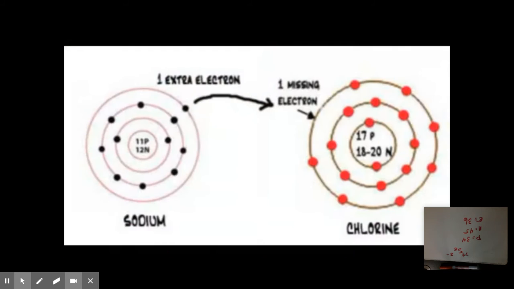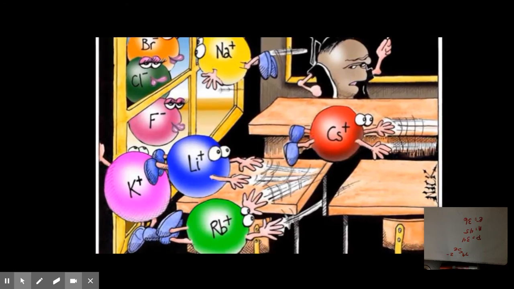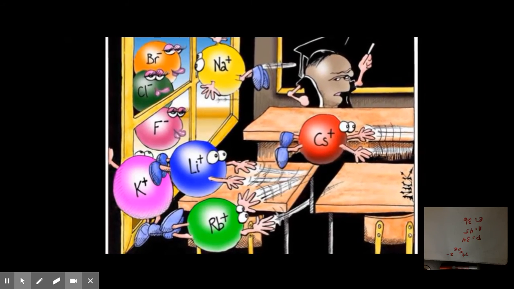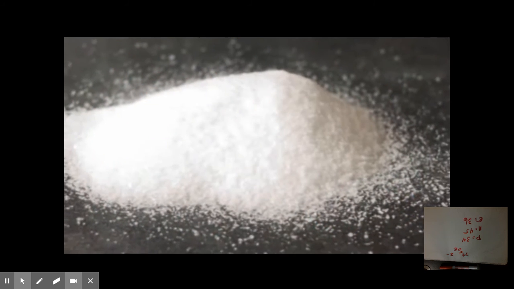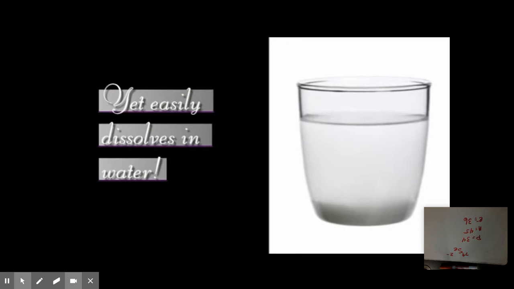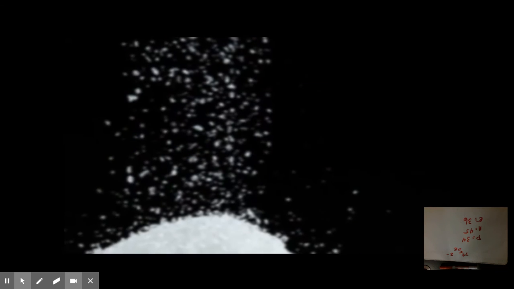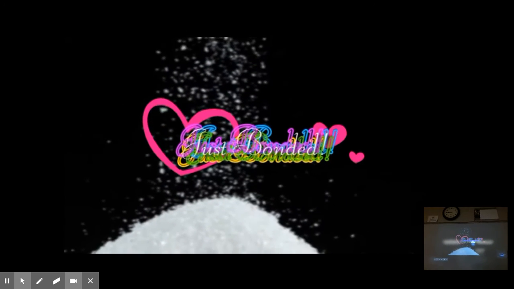Till this one day when the metal met the other, the electron transferred to the halogen. Both of them got charged and were attracted. That's the way they became ionic bonds. Ionic bonds. Ionic bonds. That's the way they became ionic bonds. Ionic bonds. Ionic bonds. That's the way they became ionic bonds.